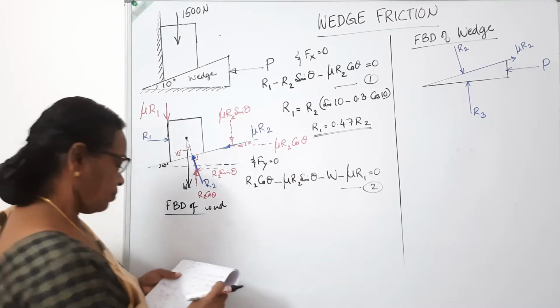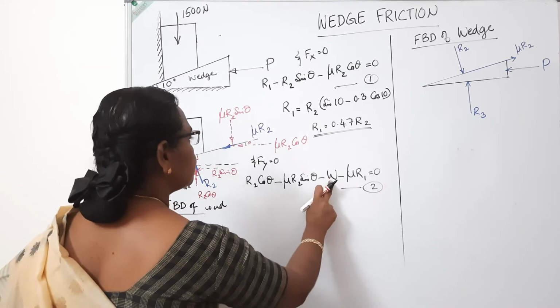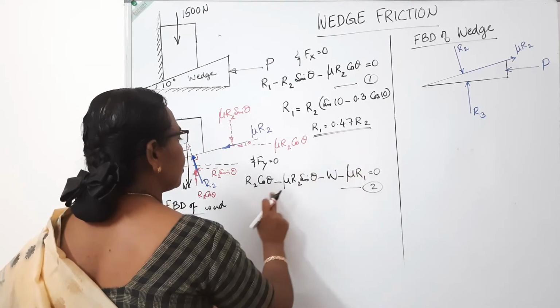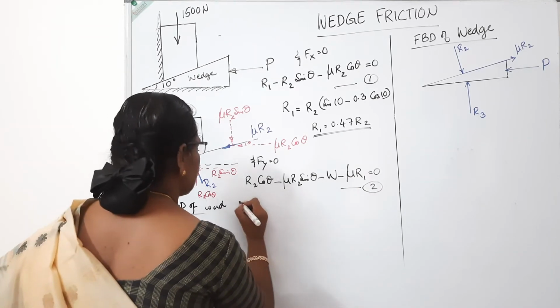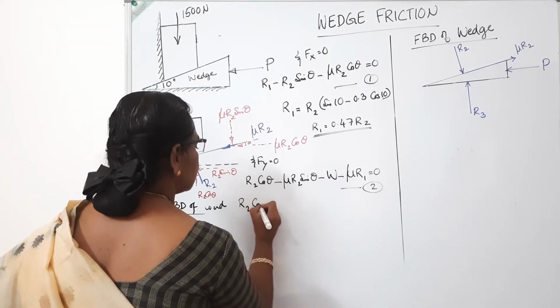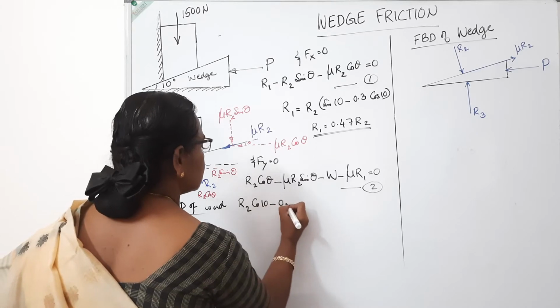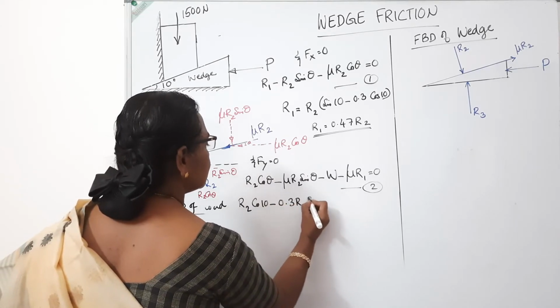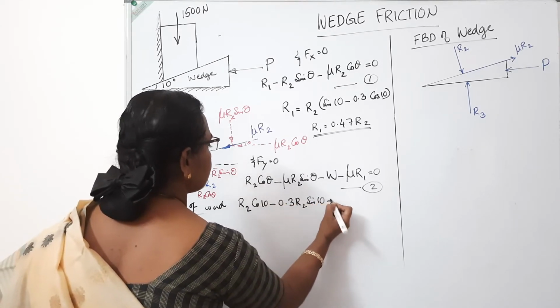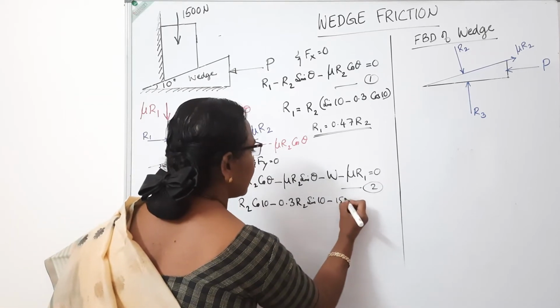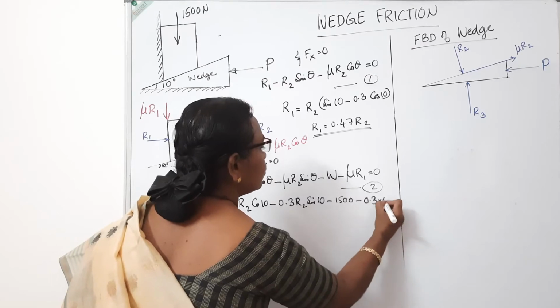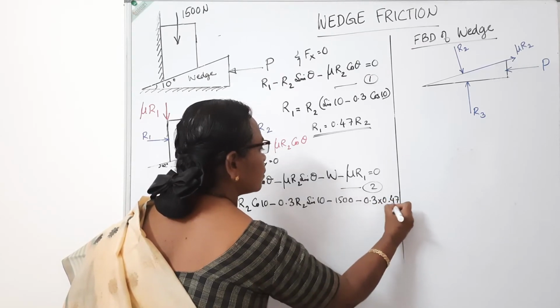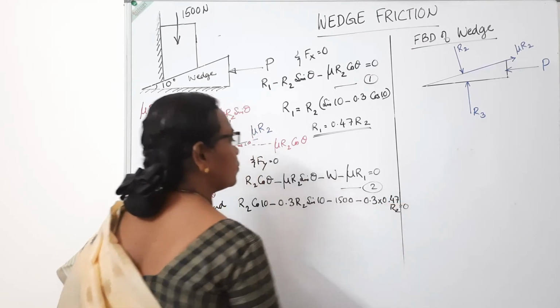From this, substitute for W, and R1 equals 0.47 R2 in here, and from this we will get, I'll write once again, R2 cos 10 minus 0.3 R2 sin 10 minus 1500 minus 0.3 into 0.47 R2 is equal to 0.